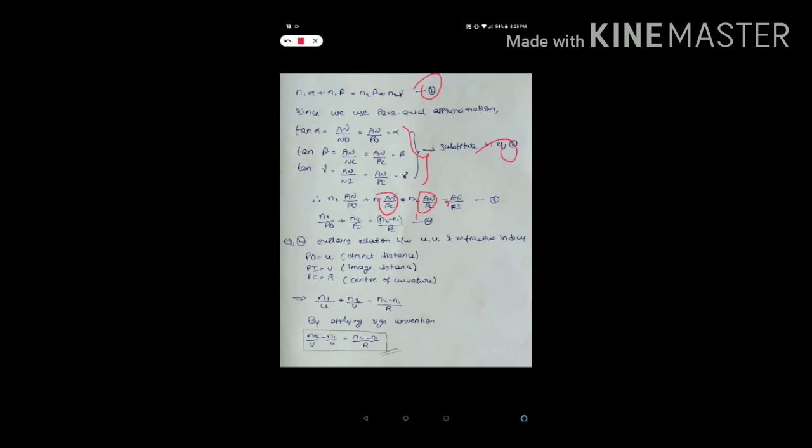This equation explains all the factors: object distance, image distance, and the refractive indices of the two media.